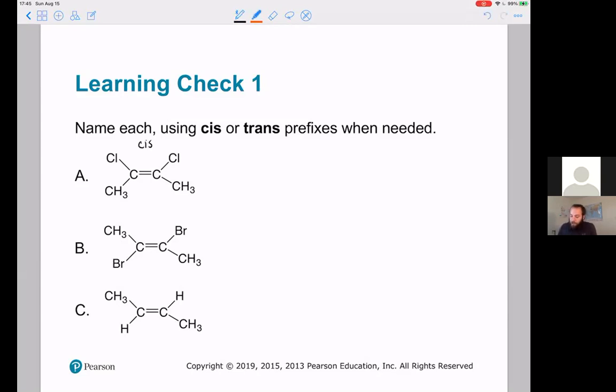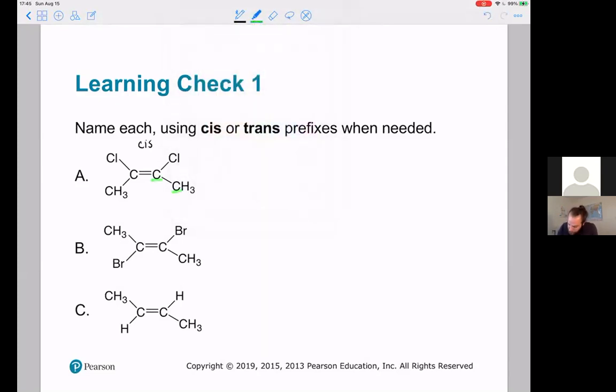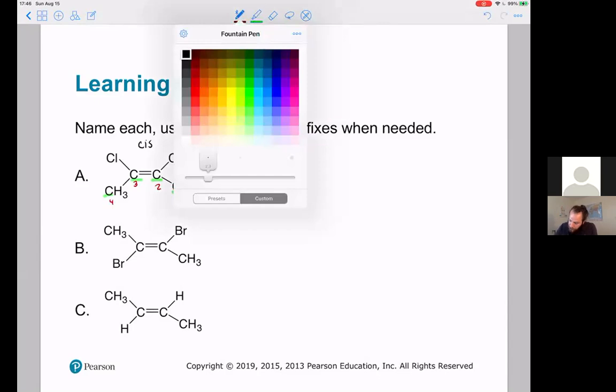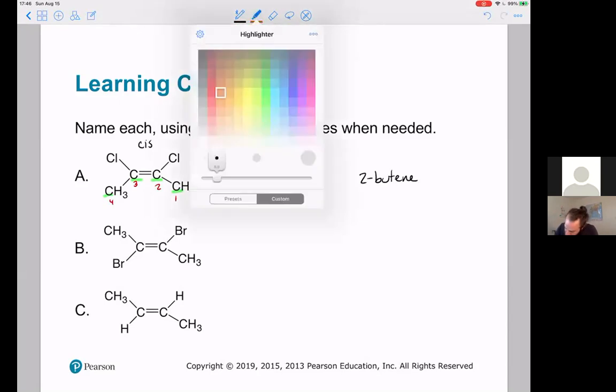Now we've got to go through and do our nomenclature just like we normally would. We've got to find the parent chain. 1, 2, 3, 4. We've got to number our parent chain. So our parent chain is a 2-butene. And then we have our substituents.